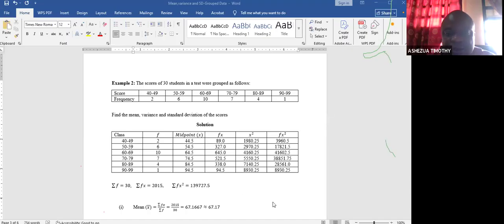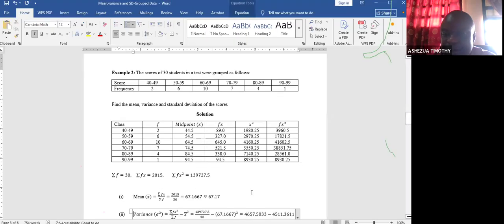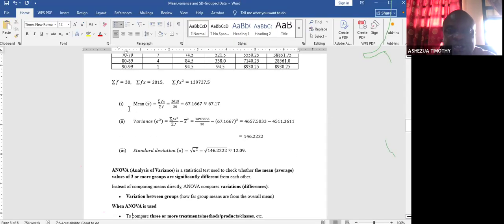So straight away, without waste of time, we're moving ahead. Our mean is as follows. Sum f x all over sum f. When you put the 2015 over 30, you have that. And the standard deviation follows, you have that. Any question?